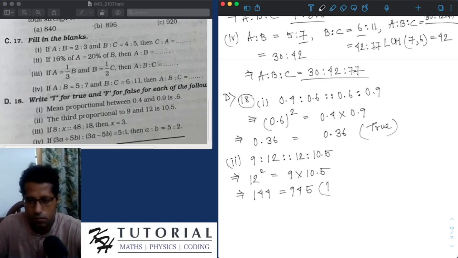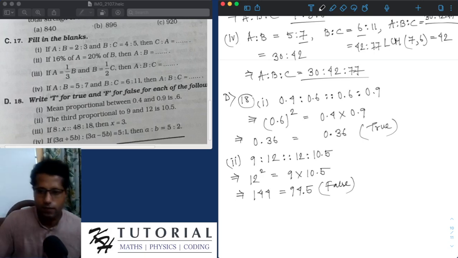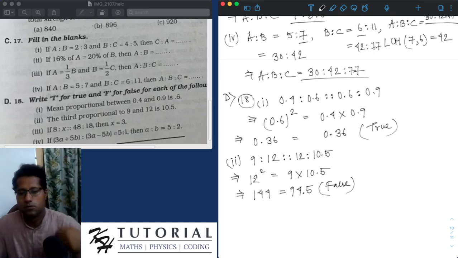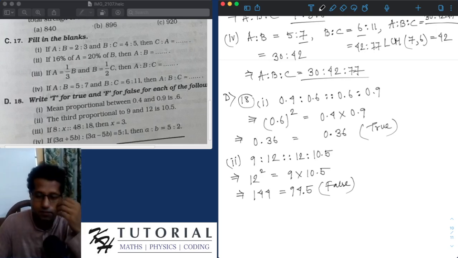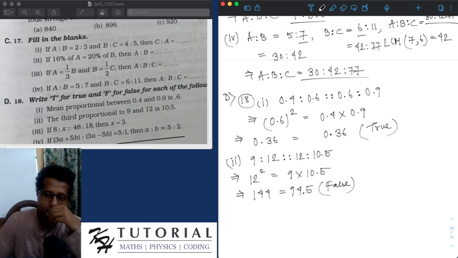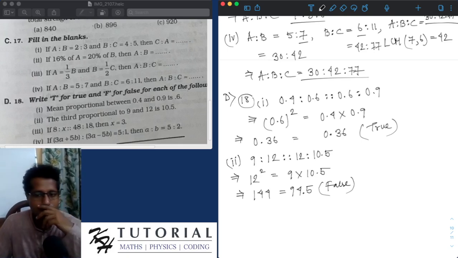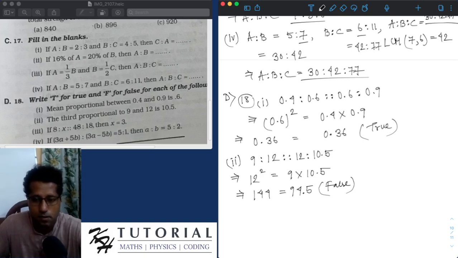This is a false statement, as 144 is not equal to 94.5. So 9, 12 and 10.5 are not in continued proportion, which means that 10.5 is not a third proportional to 9 and 12. Okay.